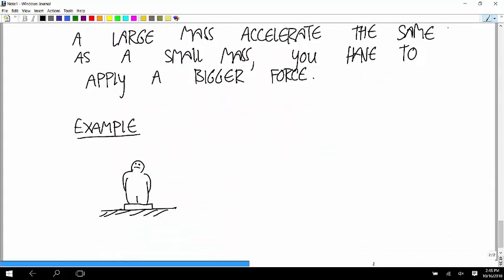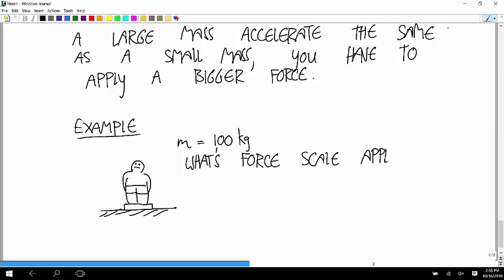Okay, so here's this guy on the scale. Let's say the mass, just to make it a nice round number, is 100 kilograms. What's the force the scale applies to the man's feet?